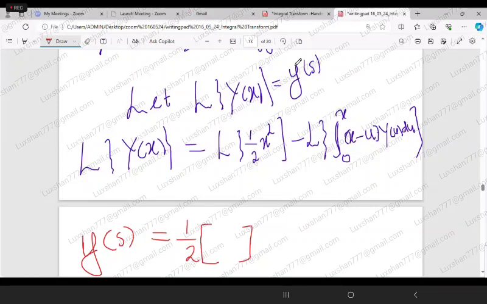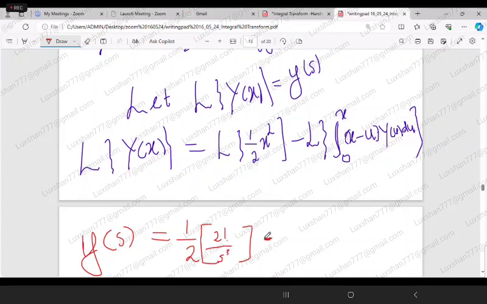It is 2 factorial over s to the power 3, isn't it? Yes or no? We have n factorial over s to the power n plus 1. So 2 factorial over s to the power n plus 1, so that is 3.